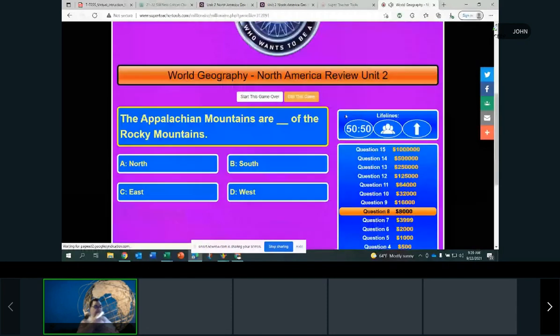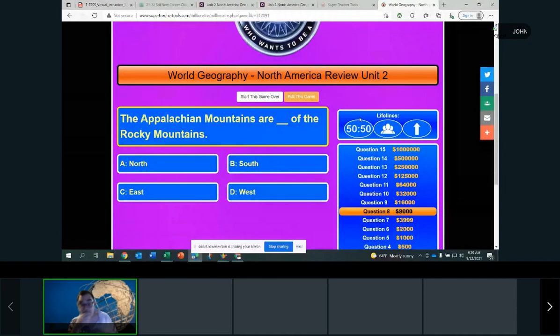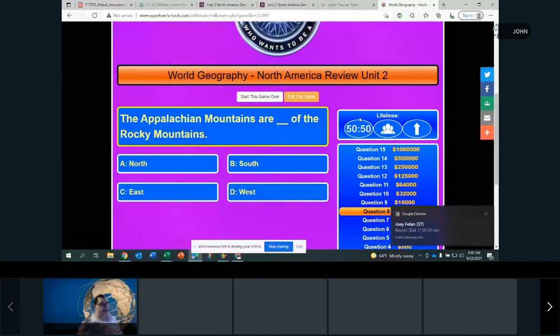The Appalachian Mountains are blank of the Rocky Mountains. North, south, east, or west? The Appalachians are, somebody click on that button for me.